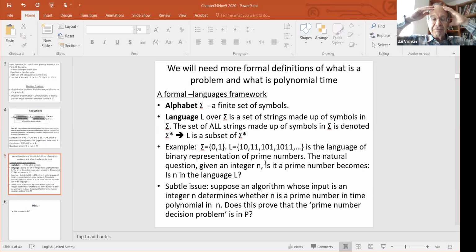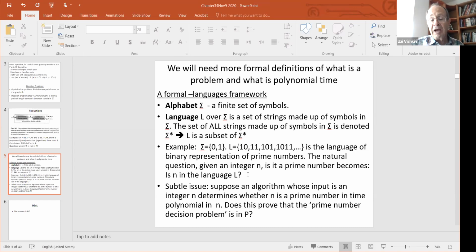Since we are talking about efficiency, and now that we understood in what way the recognition of prime numbers is a problem in the formal language sense of the word, I'm now asking you the following.